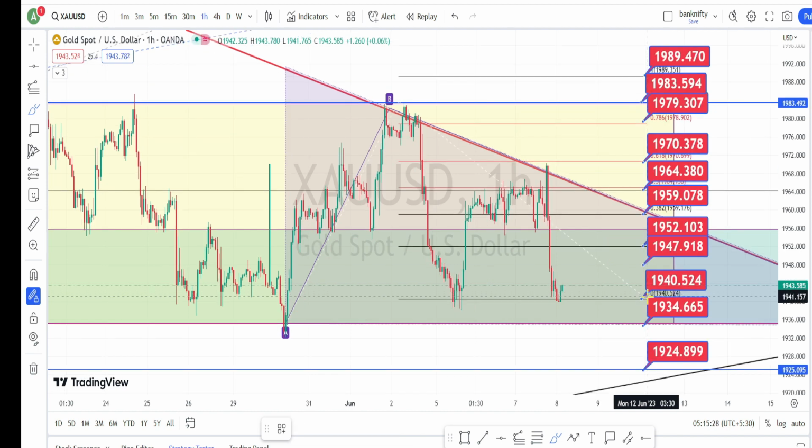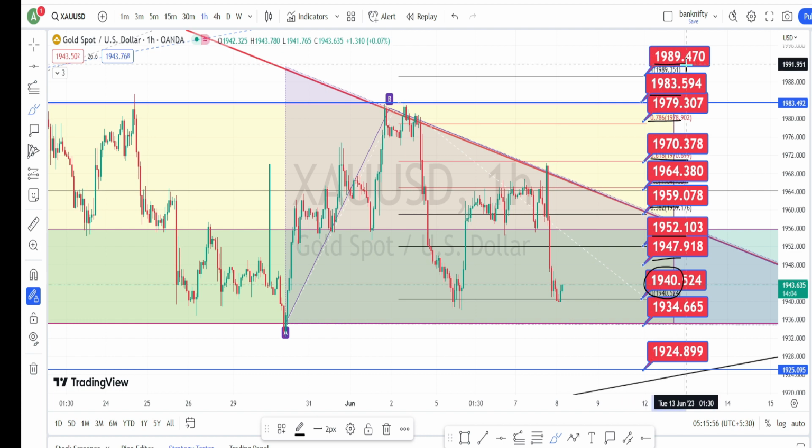So when we look at the resistance and support levels for hourly time frame, currently the price action is trading between the support level of 1940 and resistance level of 1947. Once the price action breaks its resistance level of 1947, next level of resistance is going to be around 1952, 1959, 1964, 1970, 1979, 1983 and 1989 on the bullish side.